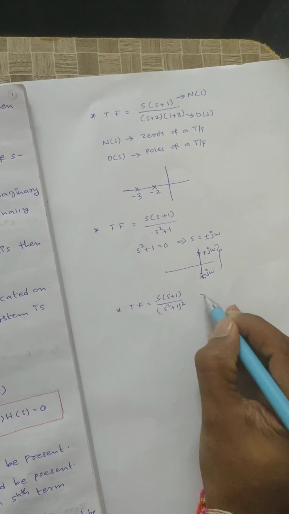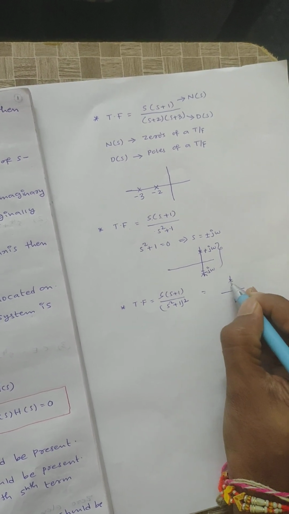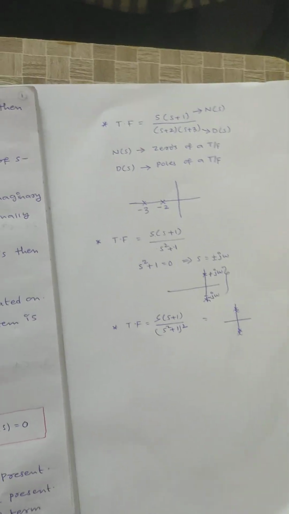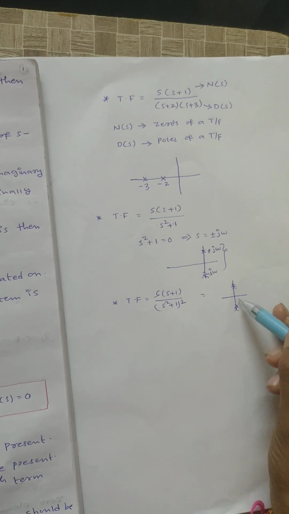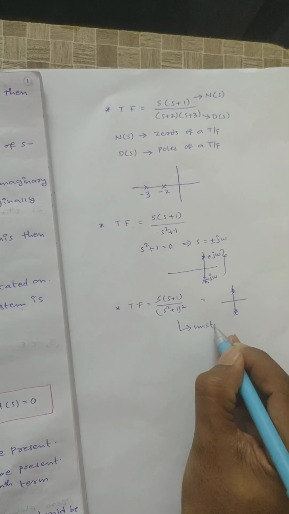That means repeated poles: S equals plus or minus j omega, each repeated 2 times. With repeated poles on the imaginary axis, the system is unstable.